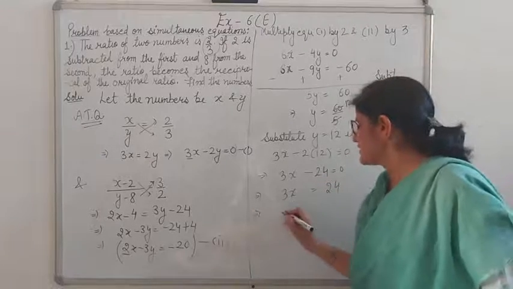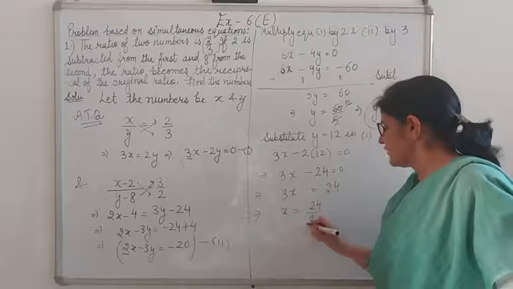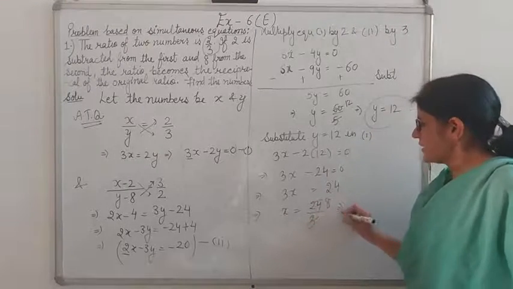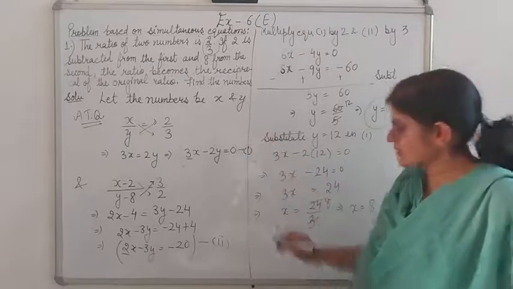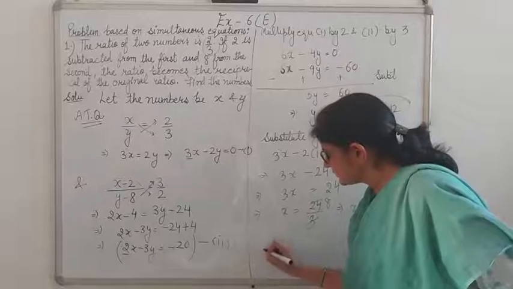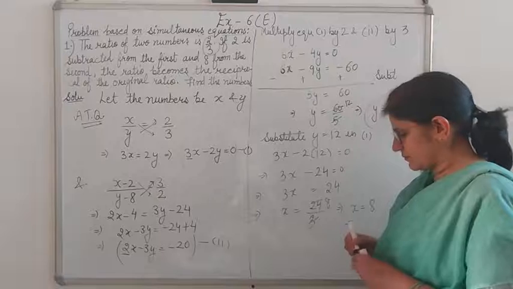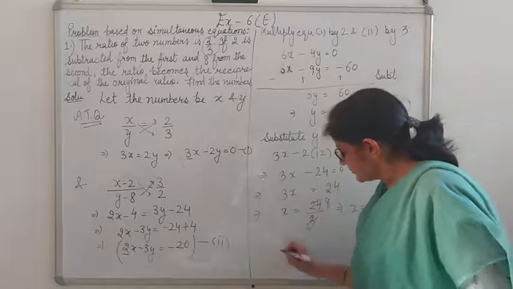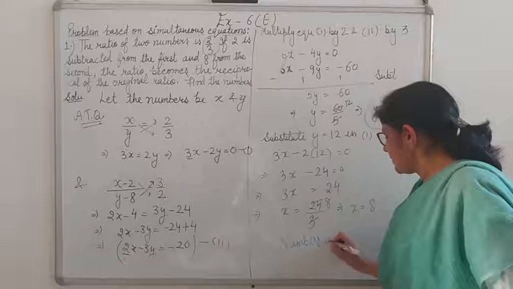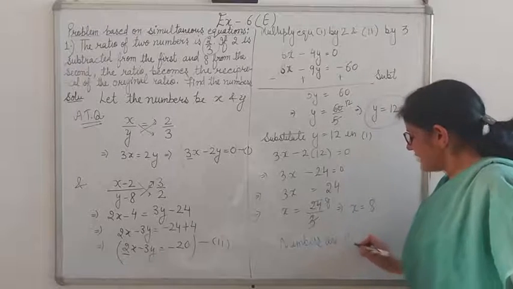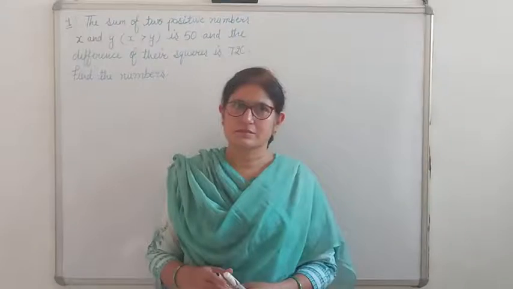So what is x? 24 over 3. 3 eights are 24 and x is 8. So we have found both the numbers. Therefore, the numbers are 8 and 12, and this is the answer.